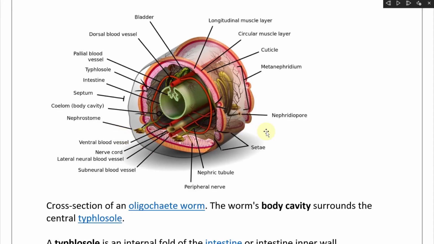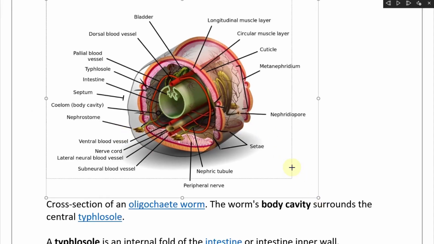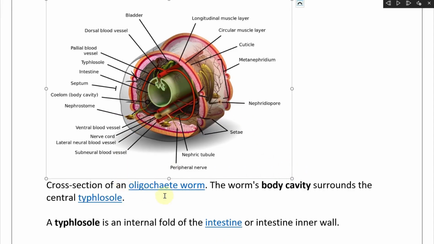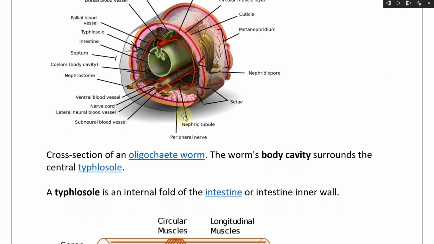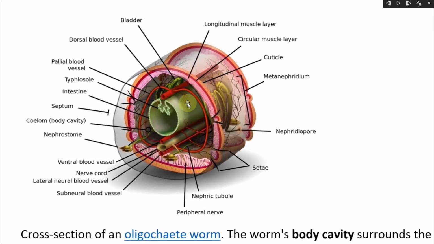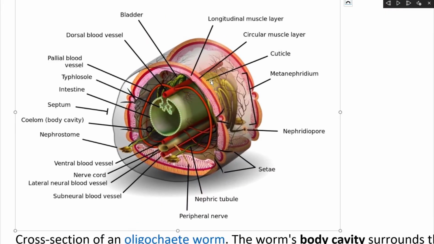So here, if you look at the worm, this is a cross section of an oligochaete worm, and the worm's body cavity surrounds the central typhlosole. So let's take a look at how this setup is. Remember, it has no backbone. What you're looking at is circular muscles all the way around. This is called the cuticle there.